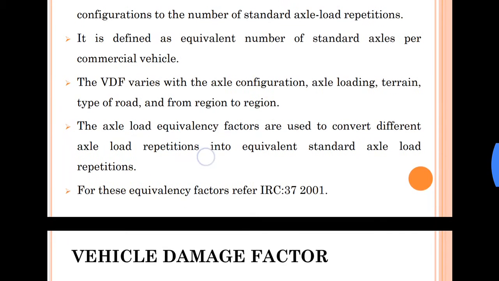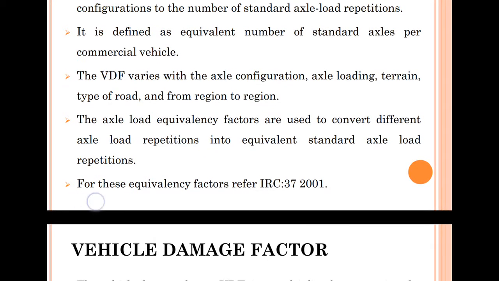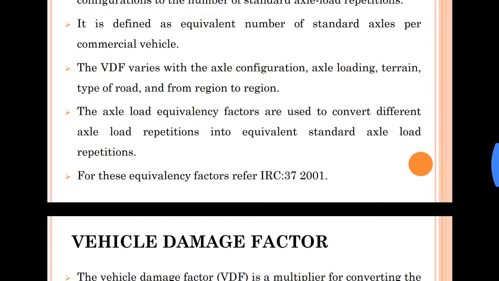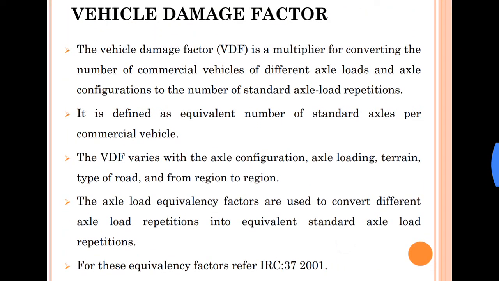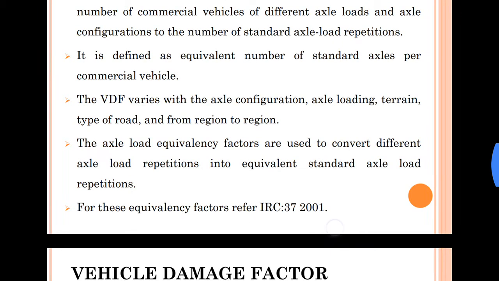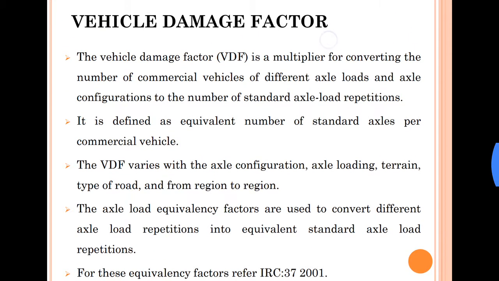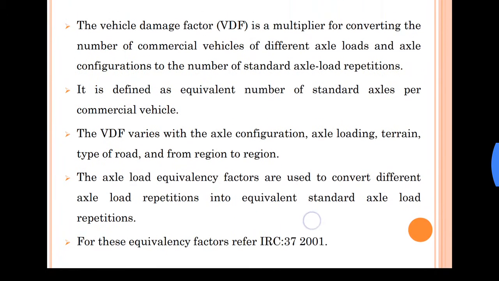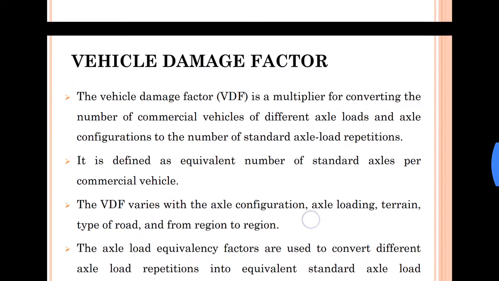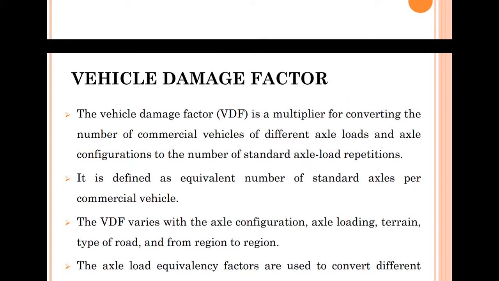We have already gone through this. For these equivalency factors, we can refer to IRC 37 2001. In this code, standard values have been mentioned based on traffic. For different traffic values, different VDF values have been mentioned. We could either do this or we could also estimate the VDF values.